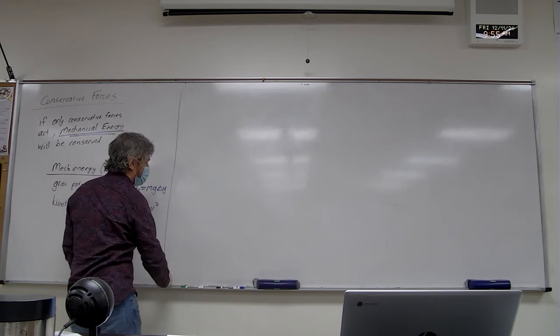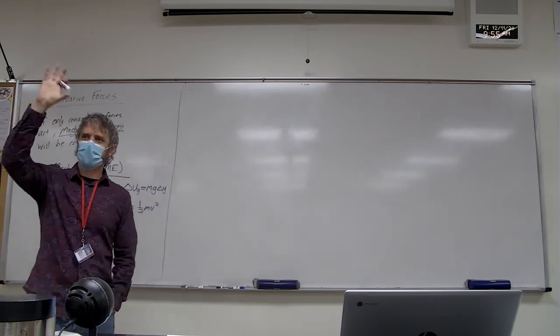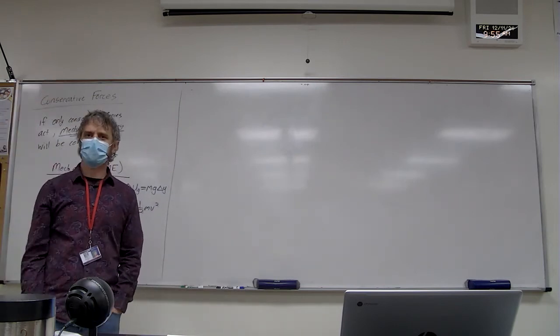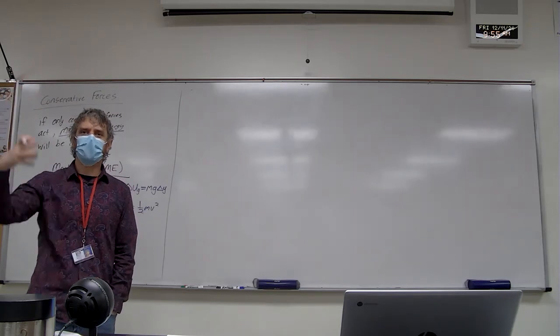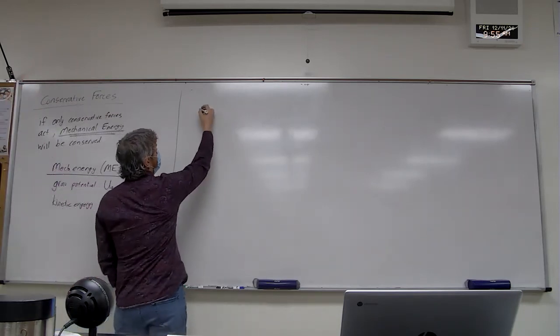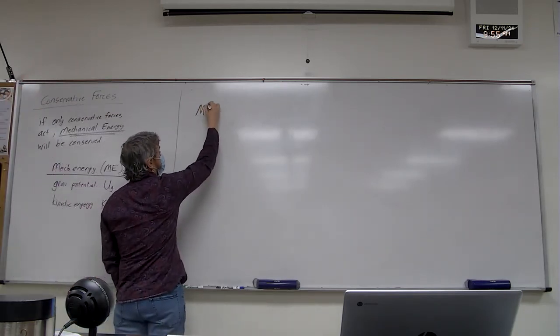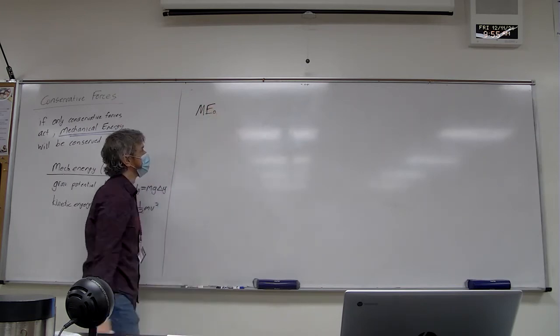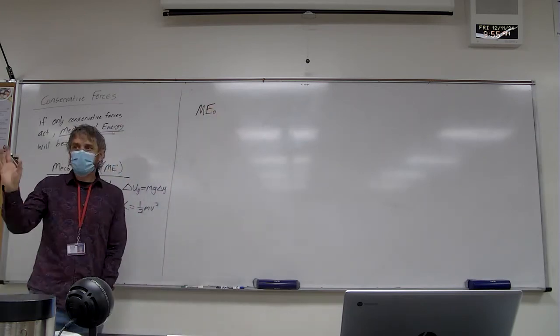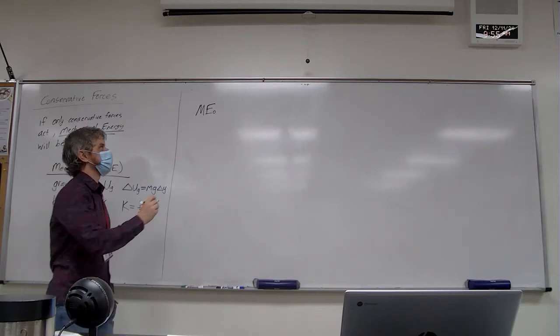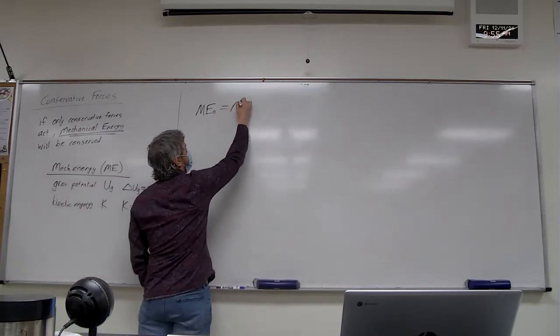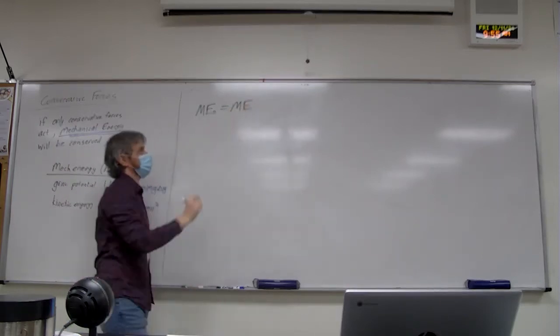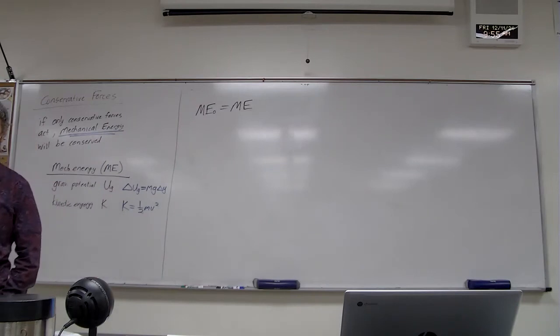But let's say I have an object like we were just talking about, starting at a certain location and ending at a certain location, converting energy from one type to another. We could say that system has an initial amount of mechanical energy. If conservative forces are the only forces acting, then that should equal the final mechanical energy.